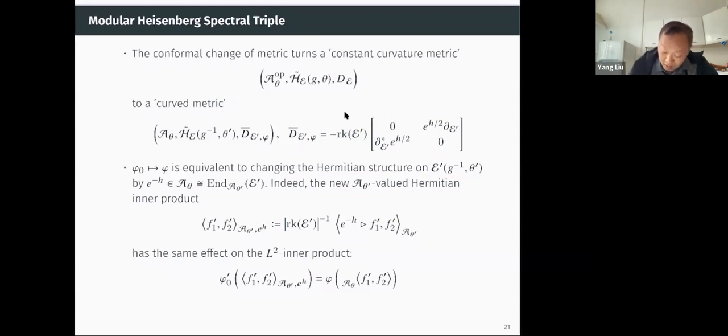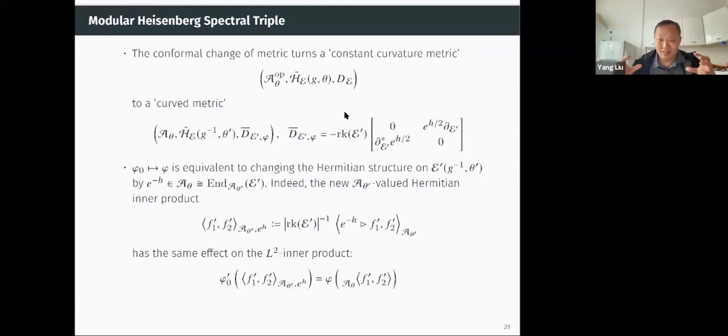So this is the first highlight I want to emphasize. This changing of the Hermitian structure by the Weyl factor on A theta is equivalent to, somehow, some effect: you change your L2 inner product, if you look at this A theta prime side.